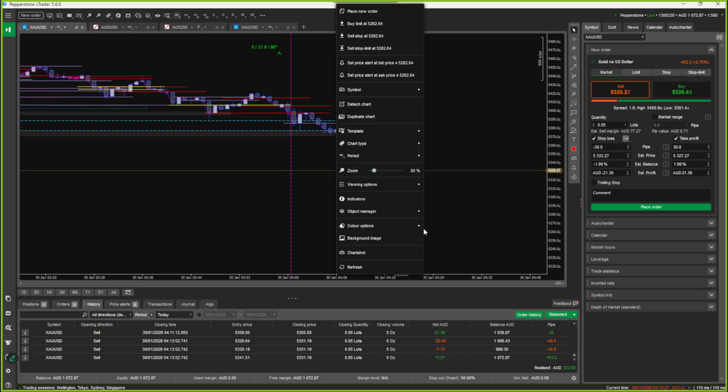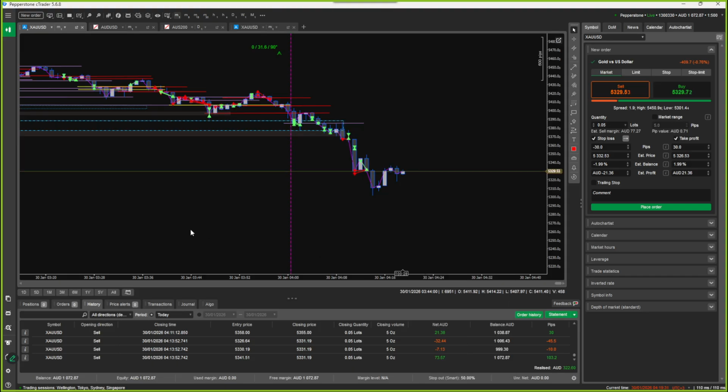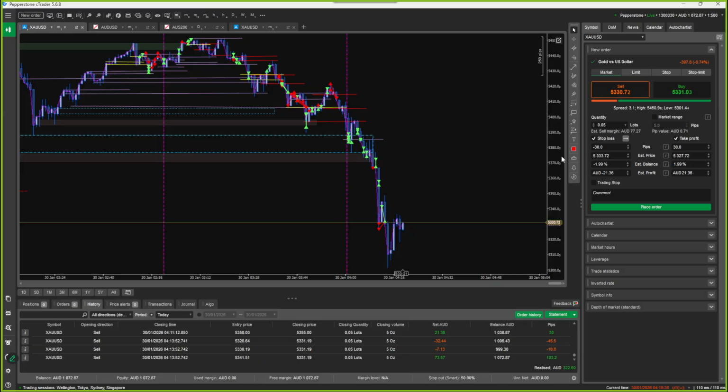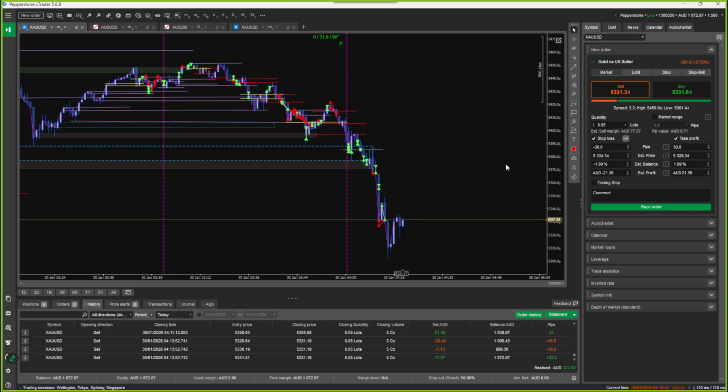And if you look at it, that's what it looks like. All the green and the red. So that's all the trades you did today? Yeah.